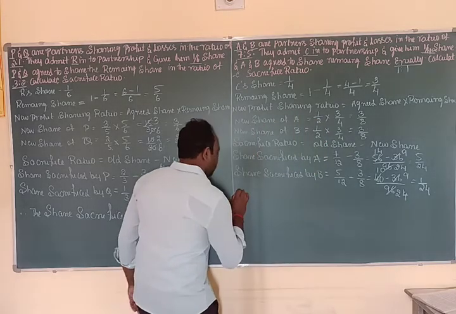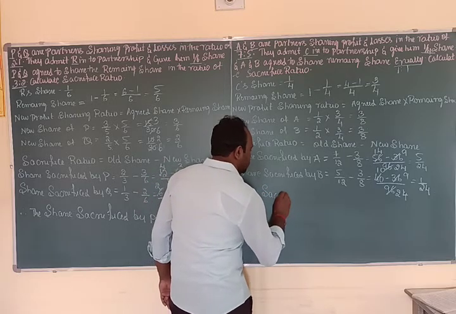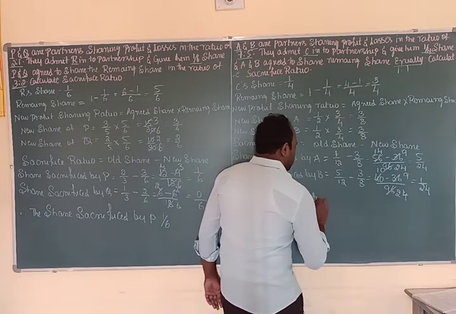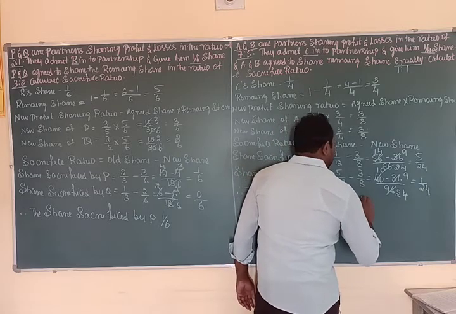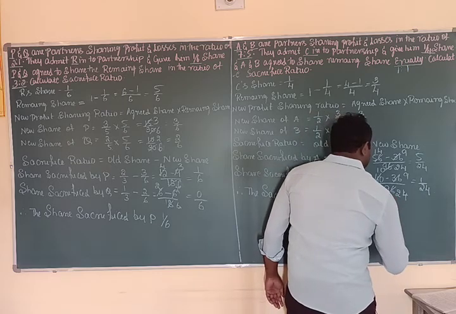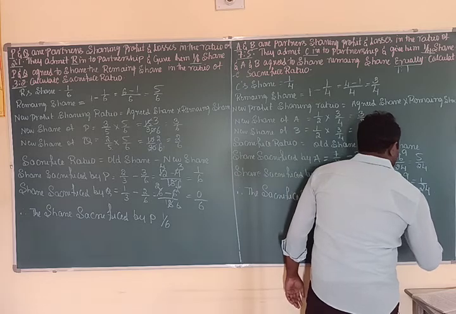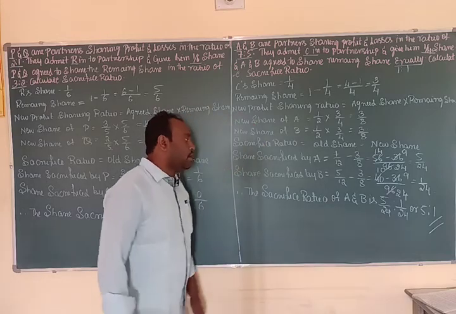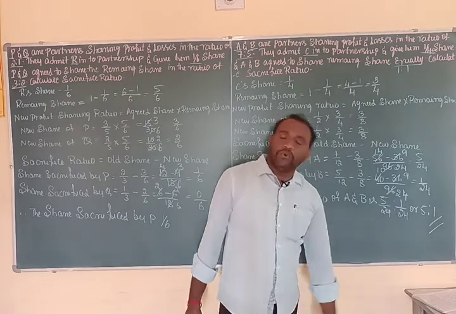Therefore, the sacrifice ratio of A and B is 5/24 is to 1/24, or 5 is to 1.